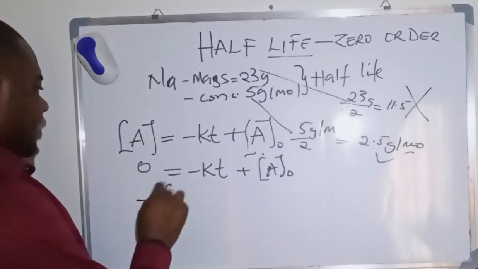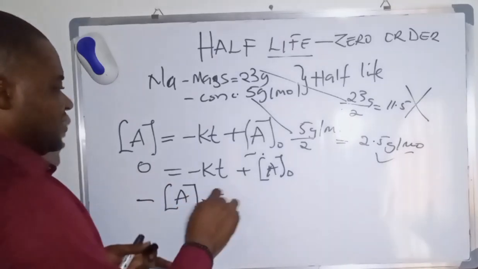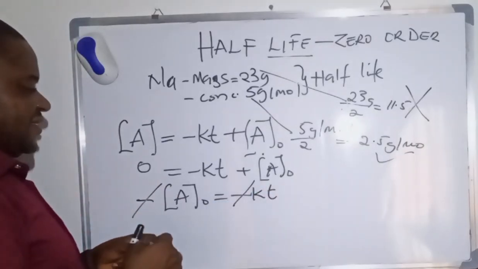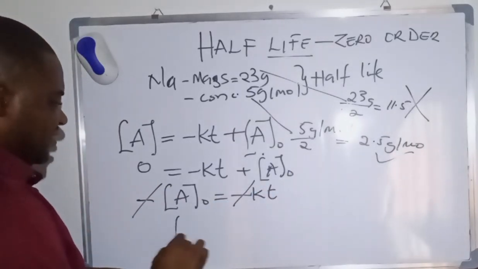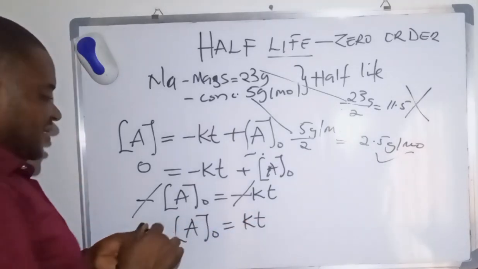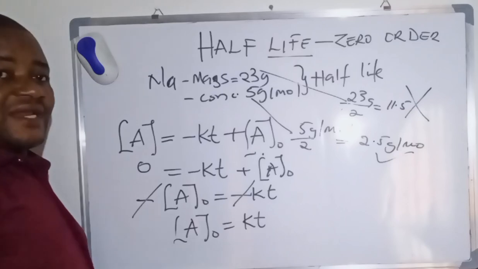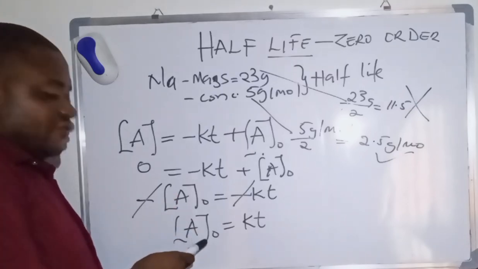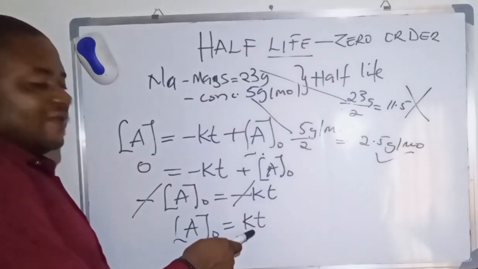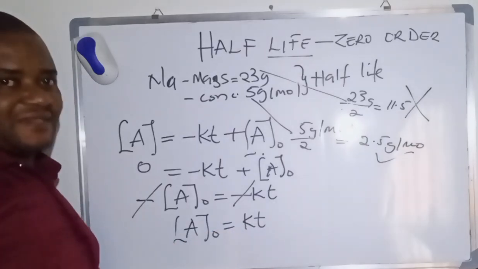We have minus A0 is equal to minus KT. This minus sign will cancel this minus sign, and the equation exists as A0 equals KT. This means that we are now relating the initial concentration of the reactant to the rate constant and time.